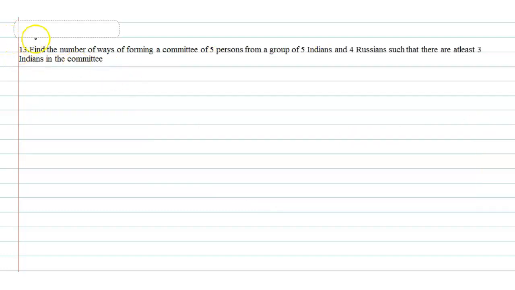Right, 13th question this is. The 13th question is also the same model. Find the number of ways of forming a committee of 5 persons from a group of 5 Indians and 4 Russians, such that at least 3 Indians are in the committee.